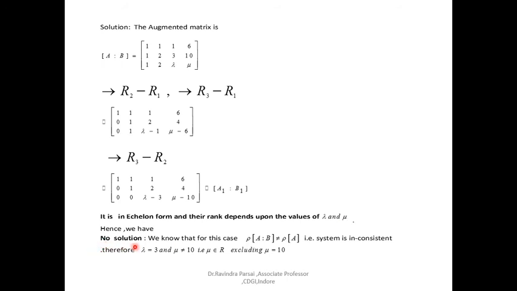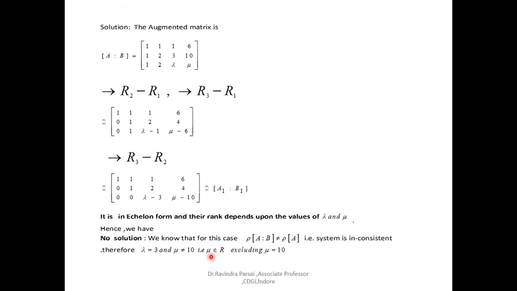First case is no solution. We know that when the rank of the augmented matrix is not equal to the rank of A, the system is inconsistent. So how will you make these different? Suppose lambda equal to 3, then the rank of the coefficient matrix is 2, while if mu is not equal to 10, the rank of the augmented matrix is 3.